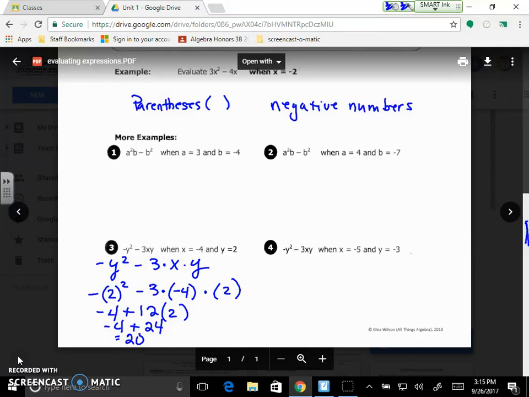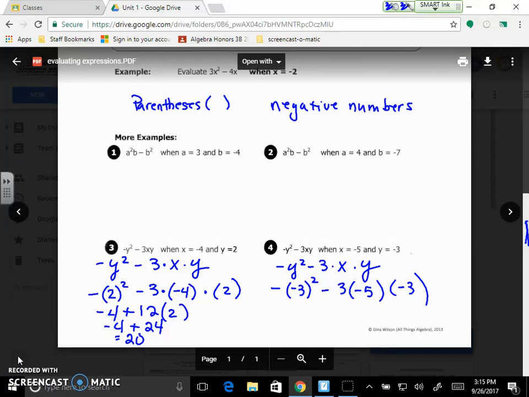Last one. So we have negative y squared minus 3 times x times y. Well, x is going to be negative 5 and y is negative 3. So now we have negative, that stays outside, and you're substituting in a negative 3 for the y, and that'll be squared, minus 3 times negative 5 times negative 3. When you have those negative signs, be very careful.